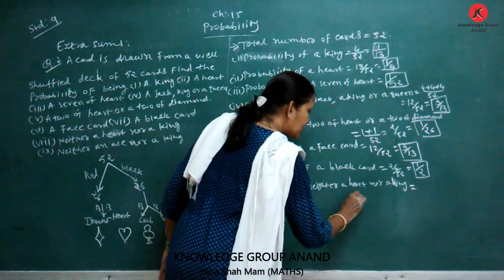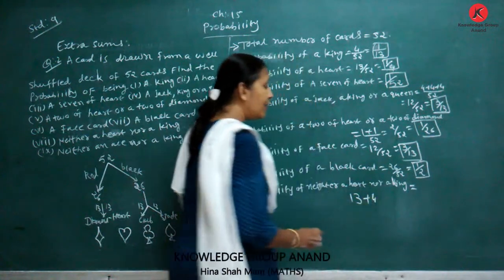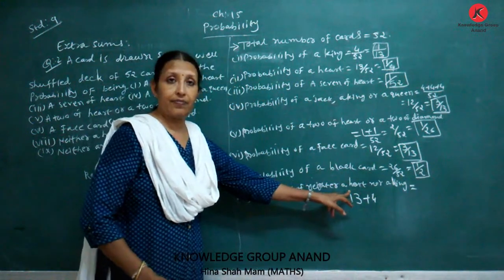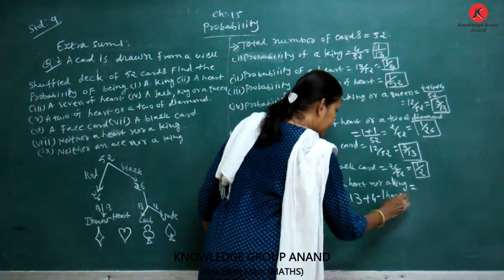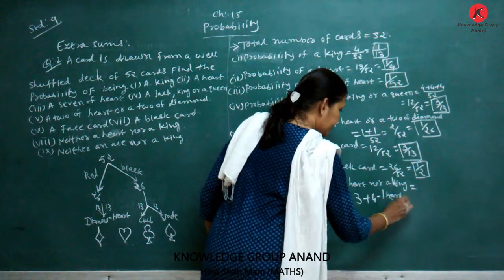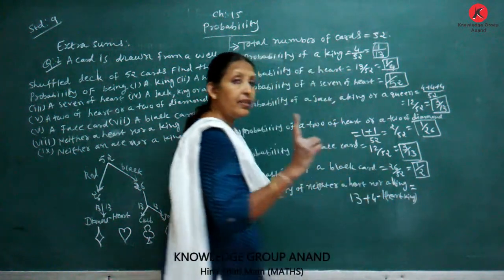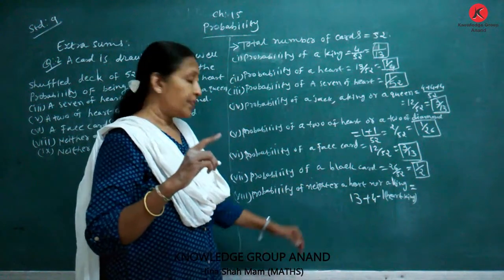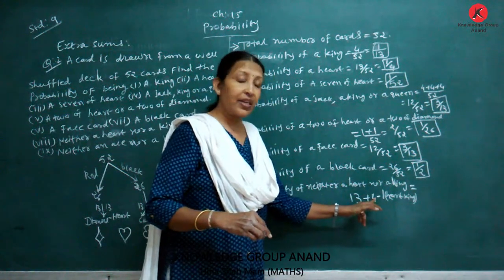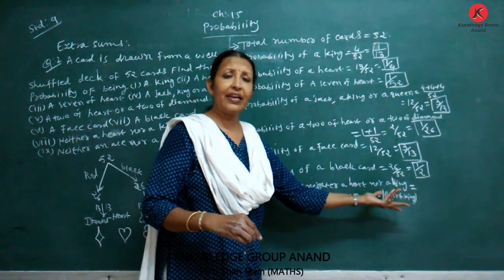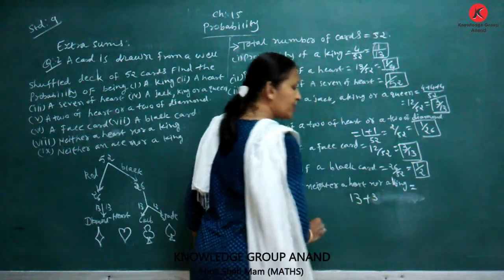How many cards of heart? 13. Nor a king. How many kings? 4 kings. Then 1 king is included in this heart. Minus 1 heart king. Here I write for your understanding. Included in this card, heart king. 4 cards. Here I write 13 plus 3, then exactly I get 16 cards. Otherwise, if you write 13 plus 4, this is not right, so you write 13 plus 3. Why?